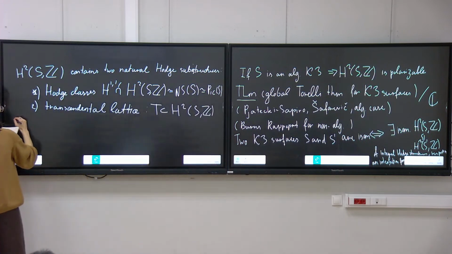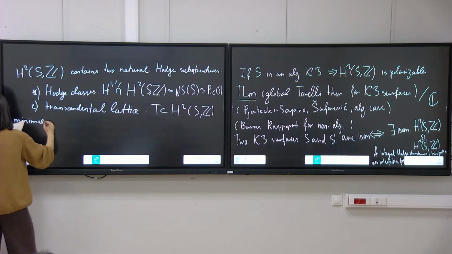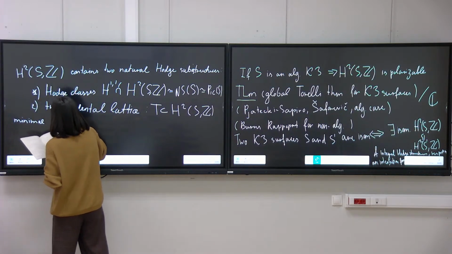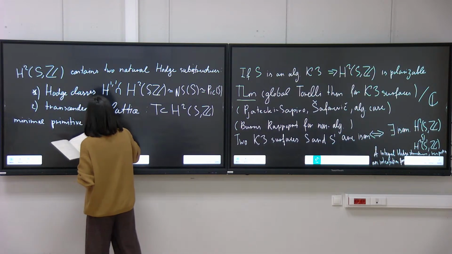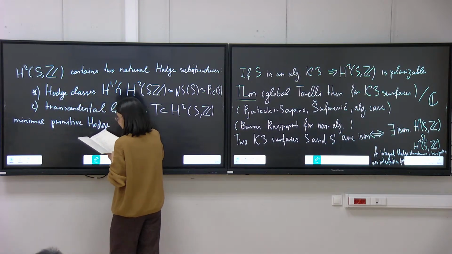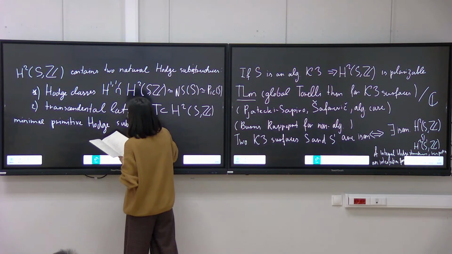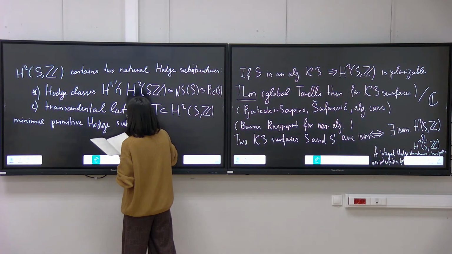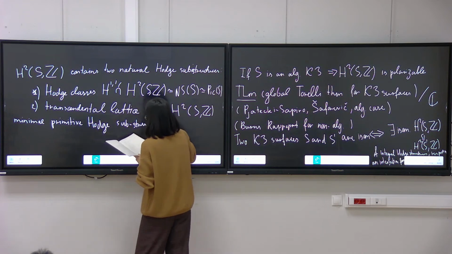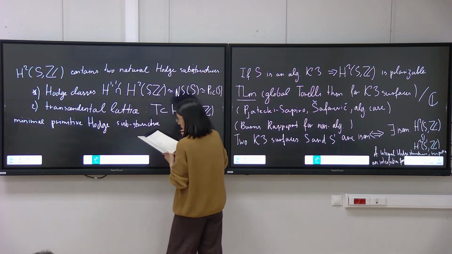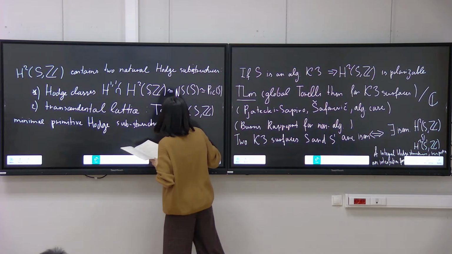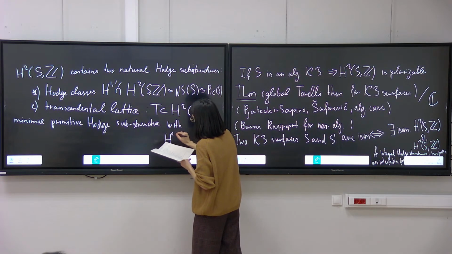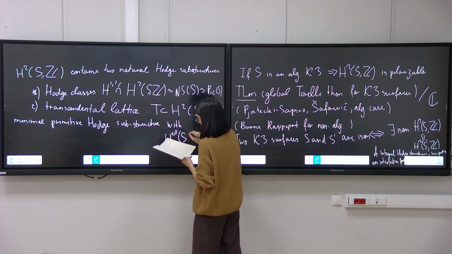That is a minimal primitive Hodge substructure that contains our favorite part of the Hodge structure.